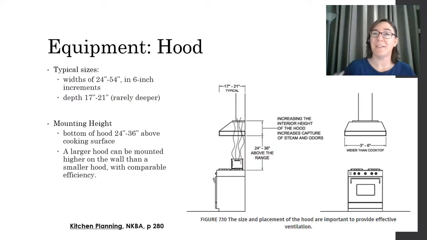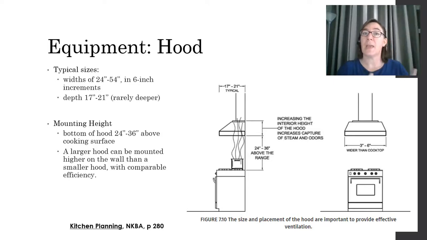Let's take a second look at sizing your hood. They come in some typical sizes, widths of somewhere between 24 and 54 inches in 6-inch increments. Depth is typically 17 to 21 inches. It's very rarely deeper than that. When you mount the hood, you want the bottom of it 24 to 36 inches above your cooking surface.